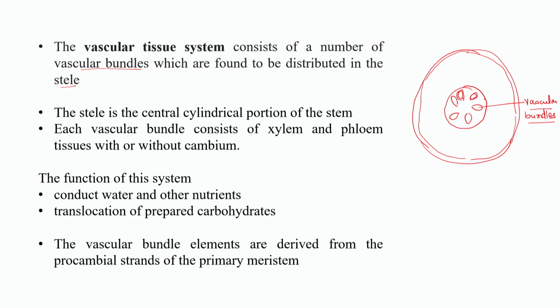But when we are talking about the vascular tissue system, we talk about the vascular conducting elements, that is the xylem and phloem, and along with that cambium, if present. It might be present or it might be absent. So xylem and phloem are the common tissues found in the vascular tissue.